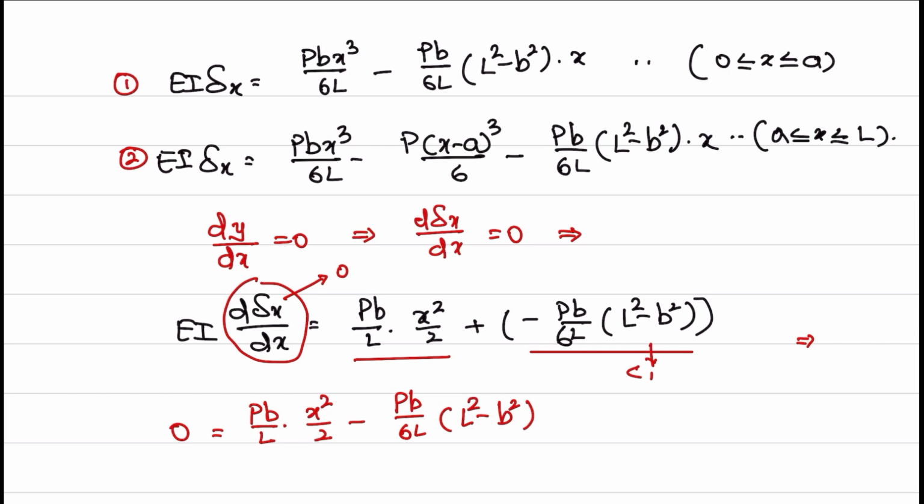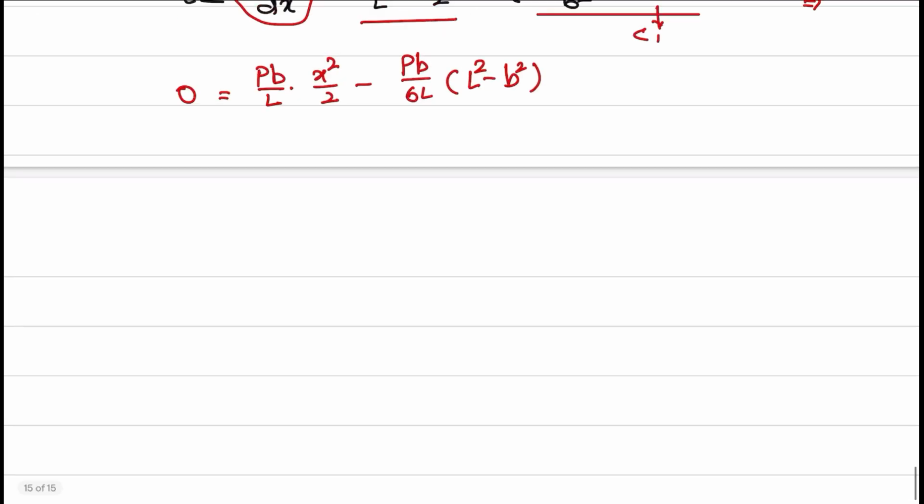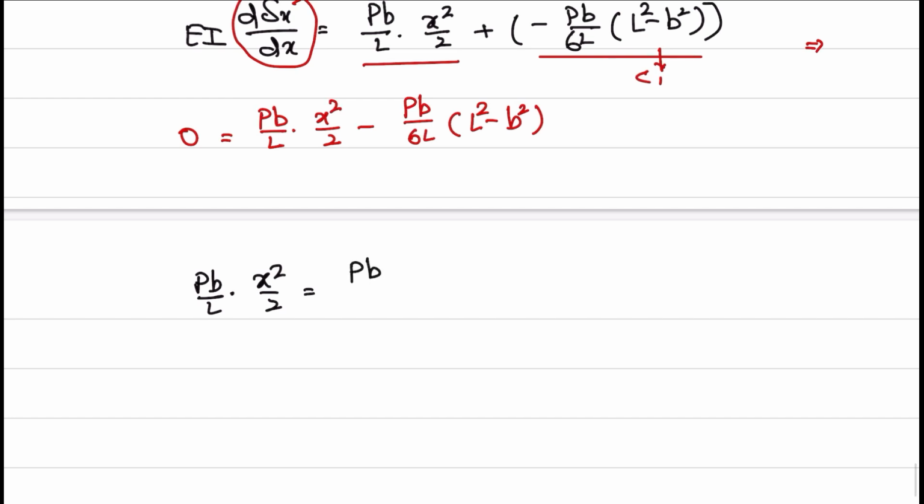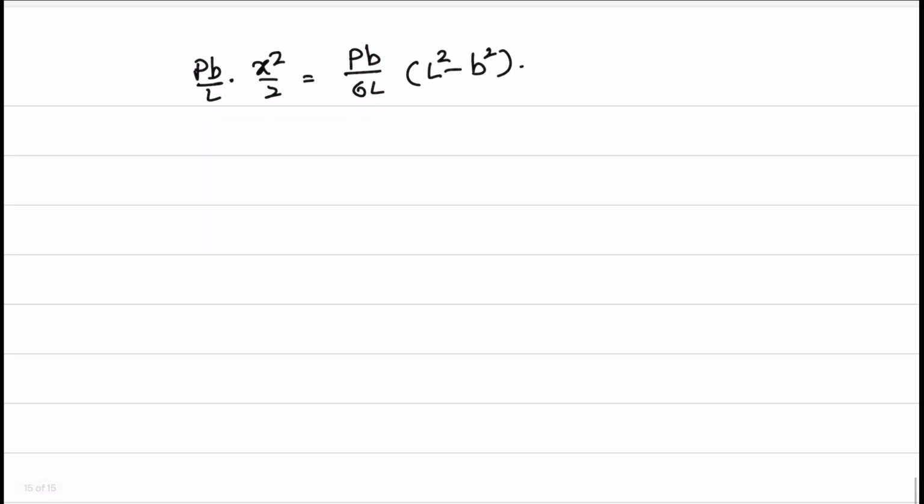Now we have to find out the x value at which the deflection is maximum, the point at which deflection is maximum. PB by L into x square by 2, when you take this to the other side, PB by 6L into L square minus B square. This PB by L will go, 2 will be cancelled and 3 will be here.